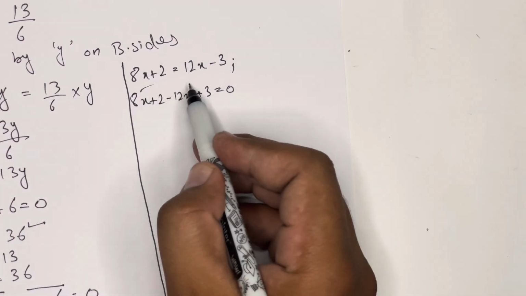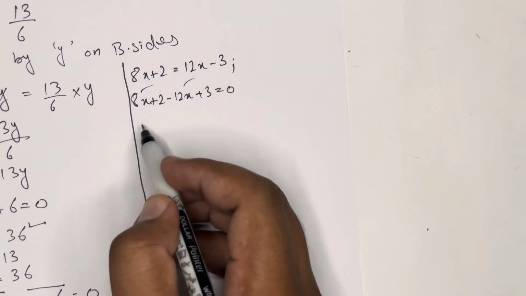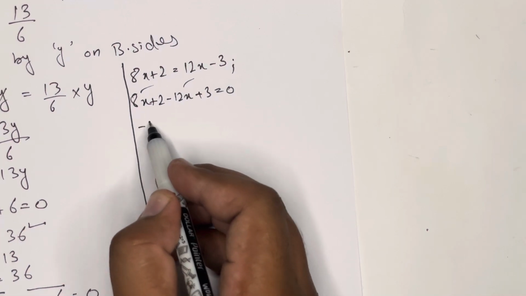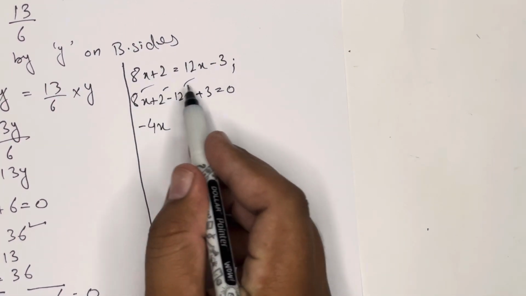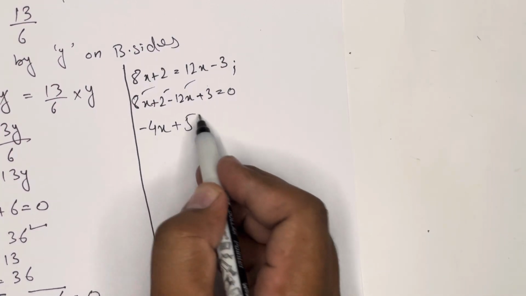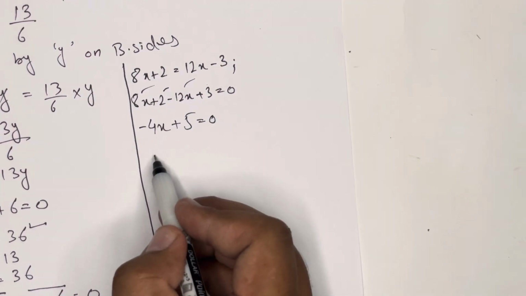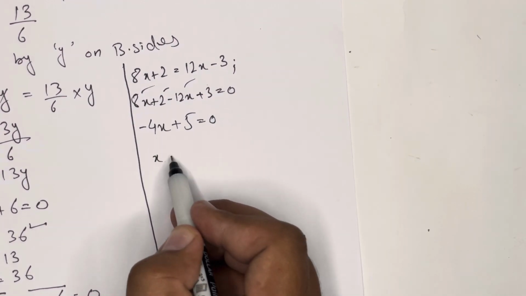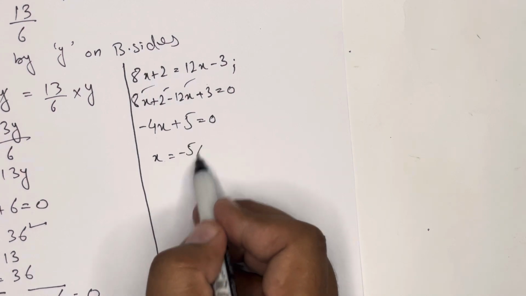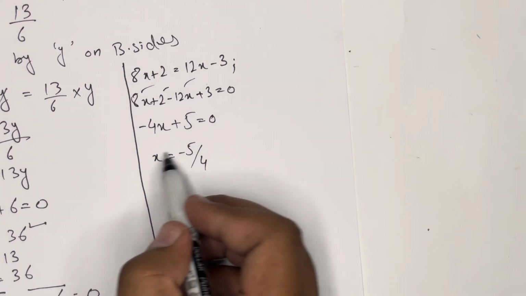I can solve 8x and 12x: minus 4x, and 2 plus 3 equal to plus 5, equal to 0. Here the value of x is x equal to minus 5 over 4.